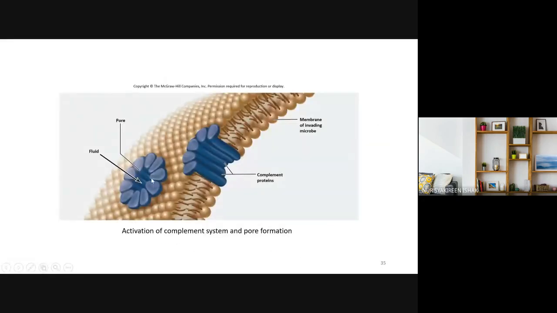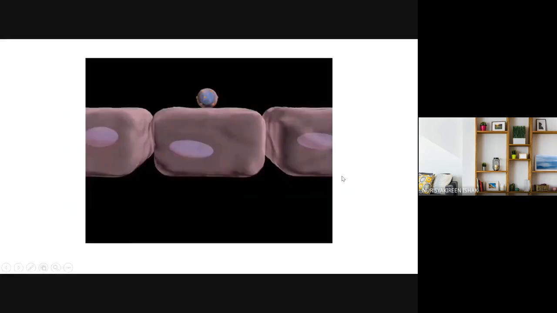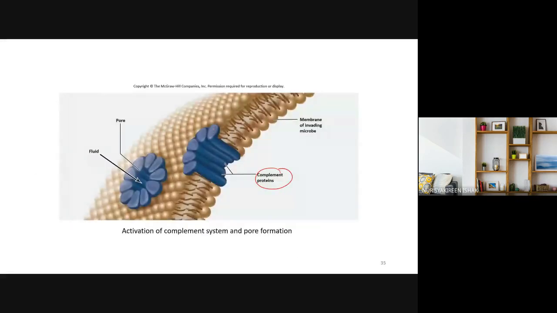Okay, so this is the complement protein. Okay, the complement system. Okay, so it consists of a series of proteins. Okay, so this protein is inserted into the plasma membrane of the bacteria. So this is the plasma membrane of the pathogen lah. Okay, so membrane of the invading microbes.